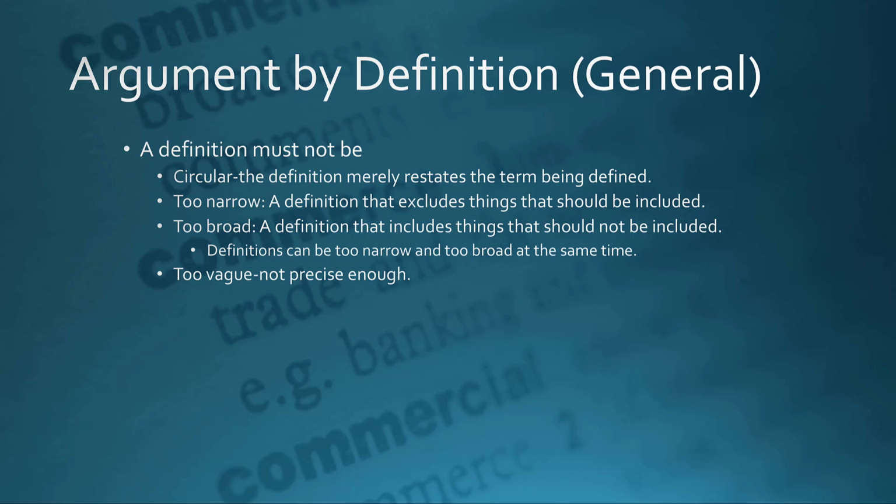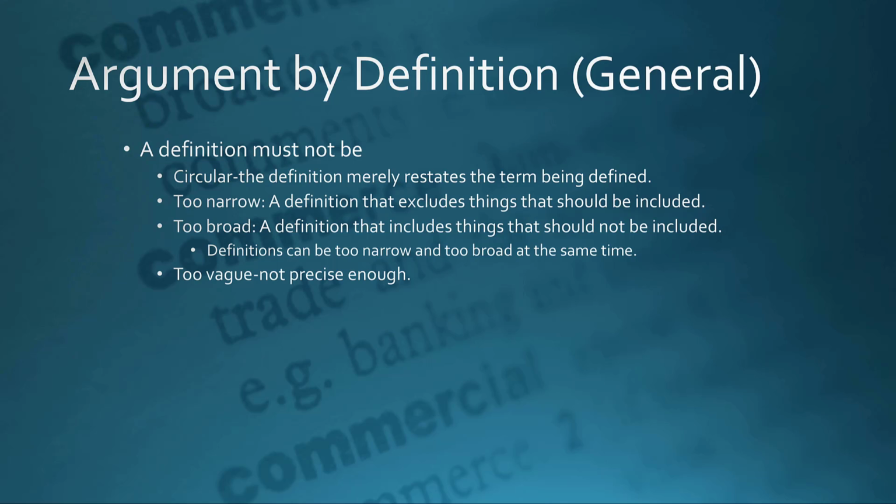And that would be a defect in the presentation of the definition. So a definition needs to avoid being circular, avoid being too narrow, avoid being too broad, avoid being both too narrow and too broad, and also avoid being too vague or ambiguous or otherwise defective.